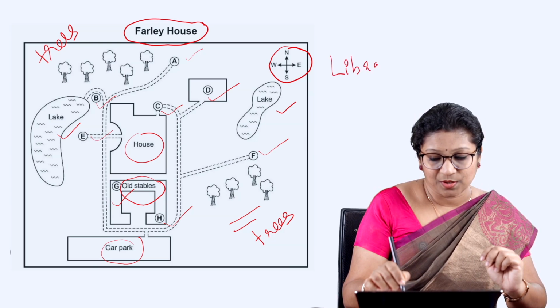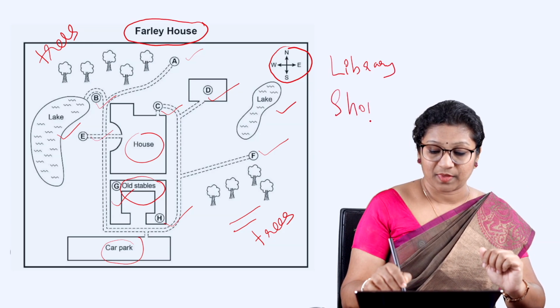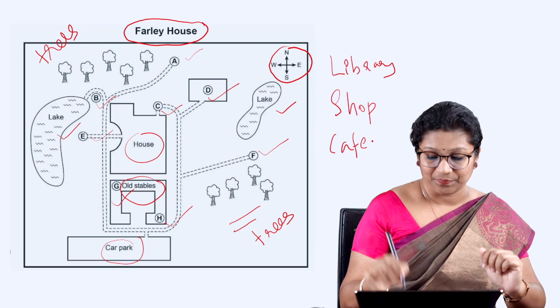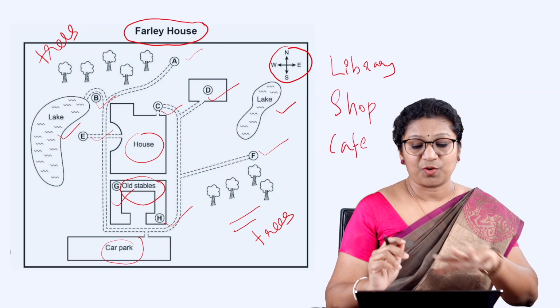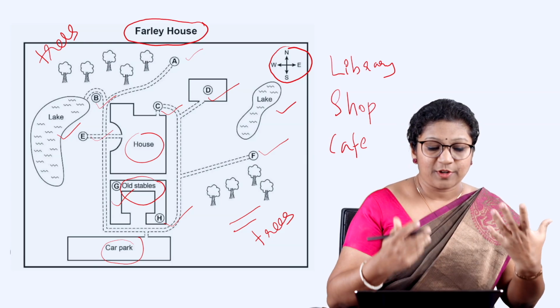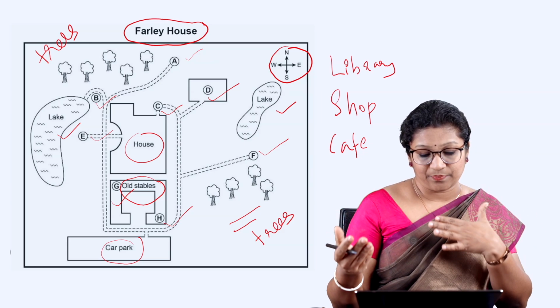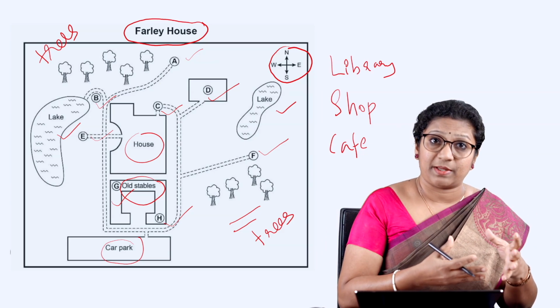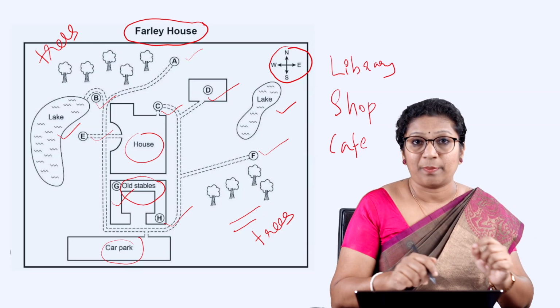Okay, so then probably we have a shop, we have a cafe. So the idea is to find out where these things are located in this particular map. For instance, out of these letters given, A to H, which is a library? Is it A, is it D, or shop? Which is a shop here?